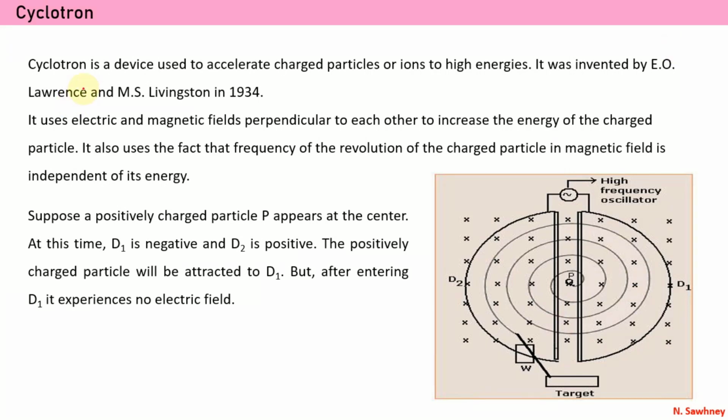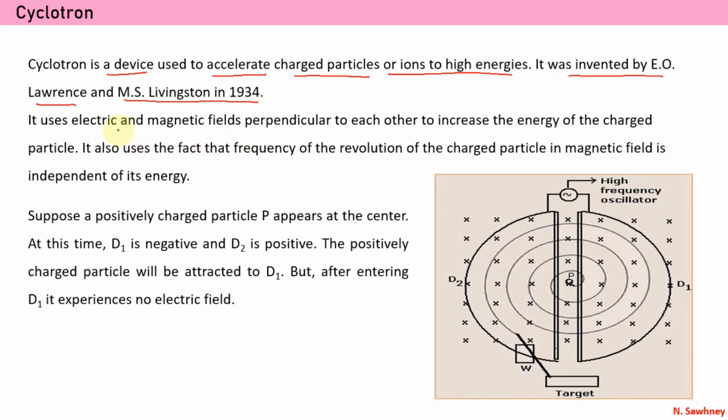Now let us start cyclotron. Cyclotron is a device which is used to accelerate charged particles or ions to high energies. It was invented by E.O. Lawrence and M.S. Livingstone in 1934.